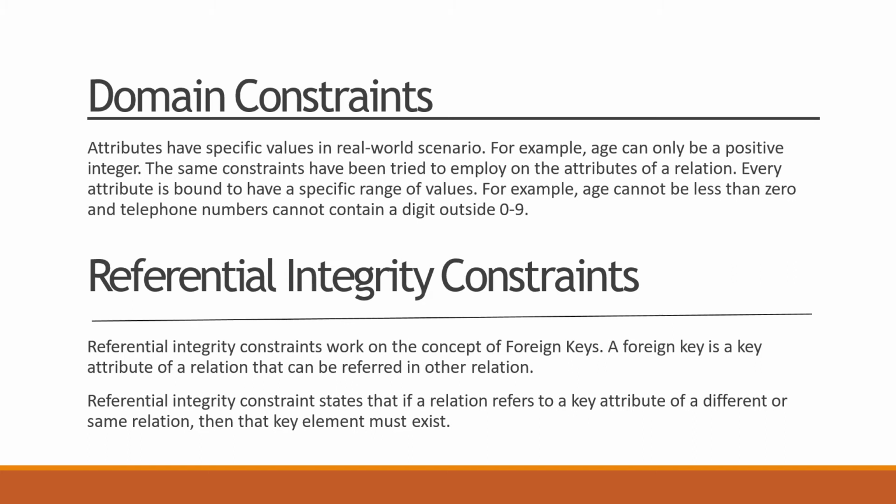So, if we are doing something with that foreign key, it should exist as primary key in the first table. It should not happen that we are modifying or writing in it when it is not stored in the first table, so we cannot enter values against the foreign key in the other table. So this is the concept of referential integrity constraints.